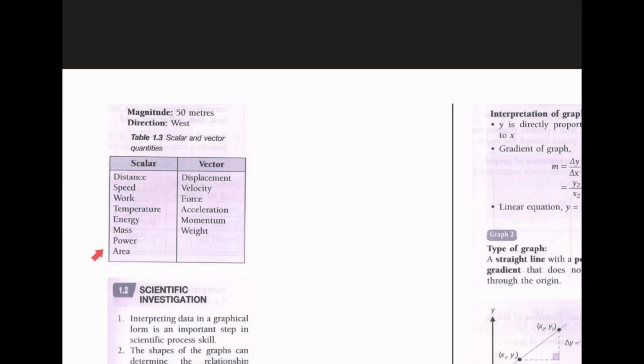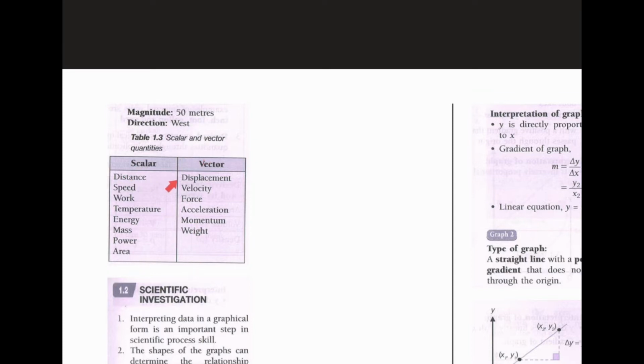Okay, so look at this table. You can see they put the scalar quantities in the first column. We have distance, speed, work, temperature, energy, mass, power, area. So need to memorize or not? Yes. Okay, so you need to memorize. So normally I suggest you to memorize maybe scalar quantities, and then after that anything that is not under scalar quantity will be vectors, vector quantities.